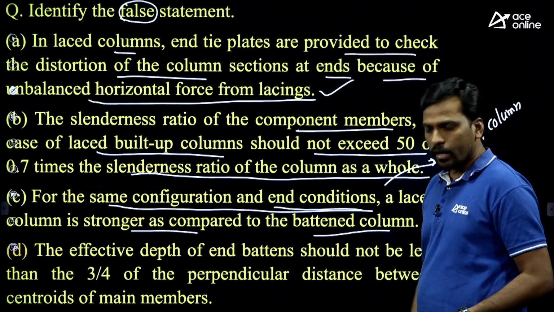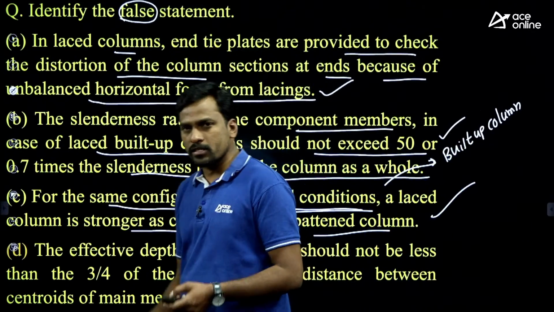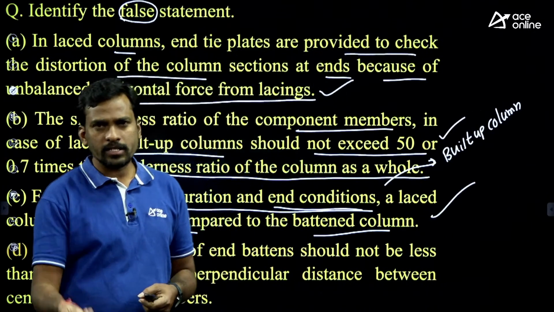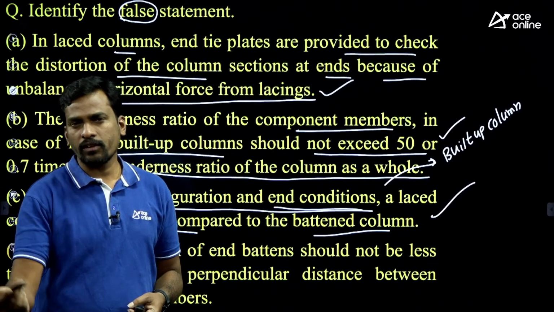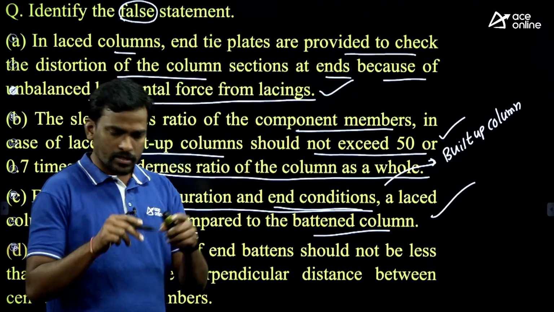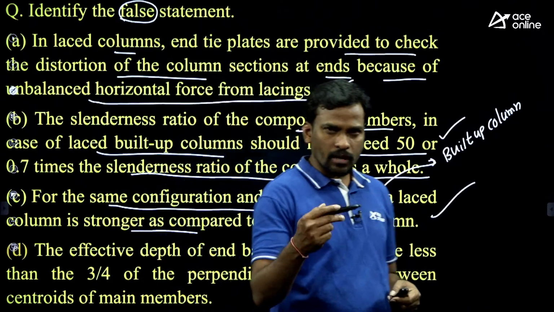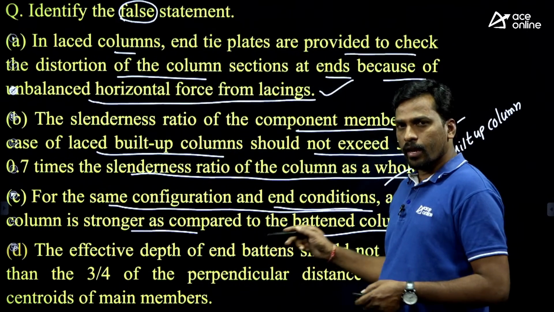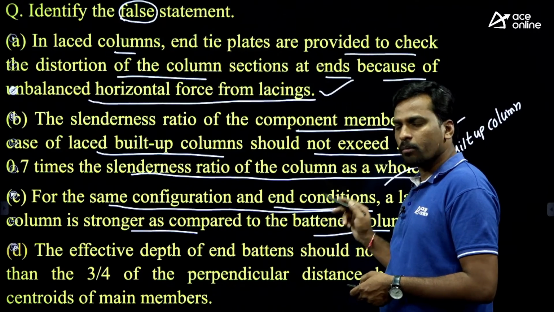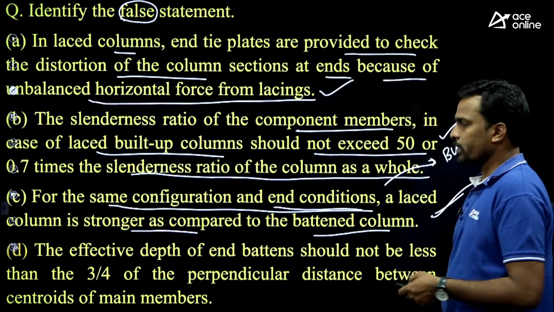For the same configuration, it means the same section. We use a channel section for lacing, a channel section for battens, whatever it is. For the same section and the same end condition, a laced column has more strength compared to a battened column. Yes, this is also correct.